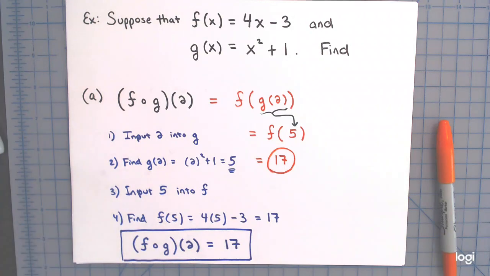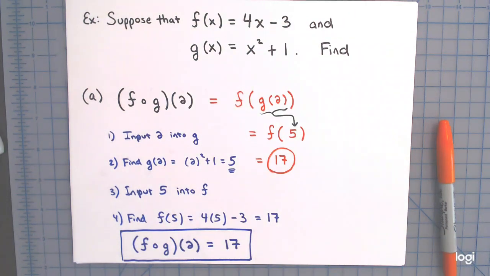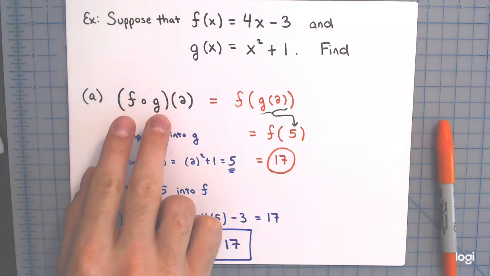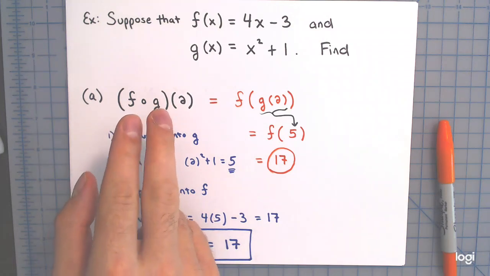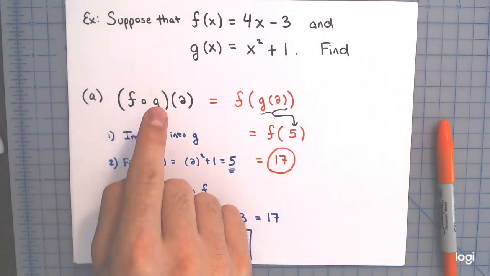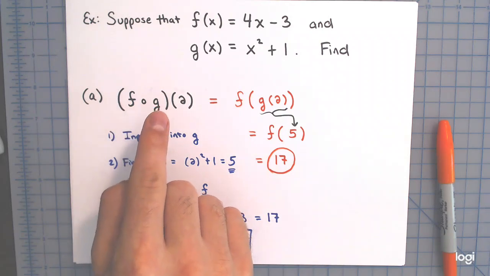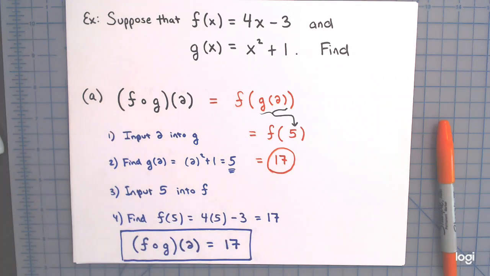Great. All right, so keeping these same functions up, let's see what happens when, now I've had f composed with g so far written out, but it doesn't matter what the names of the functions are. I have f and g here. You could have f composed with g, or you could have g composed with f. But you're going to see in a second that the order you put them in does matter.